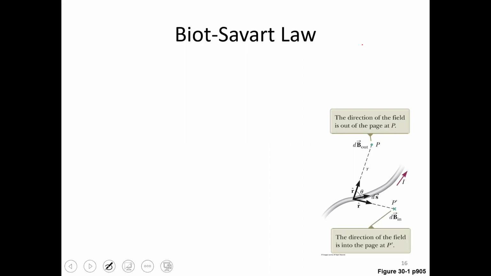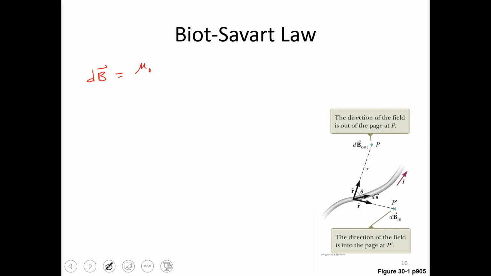So the Biot-Savart Law really says that a current flowing on any path can be considered as many tiny current elements. Each of those tiny current elements should have a tiny contribution to the magnetic field.